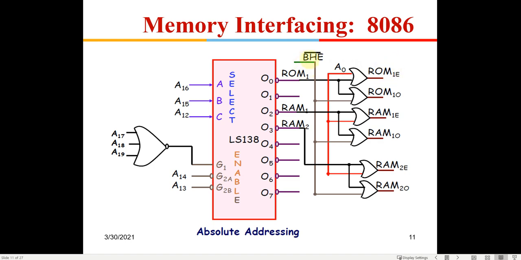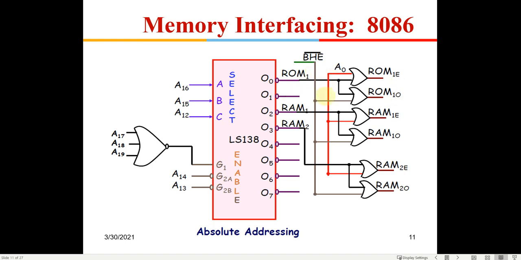Instead, now if BHE is low, in that case, if A0 is 1, obviously BHE also has to be low so that the odd bank gets selected. So you have given BHE into the OR gate. 1E stands for ROM 1 even, 1O stands for odd. So the odd ROM gets selected out here.